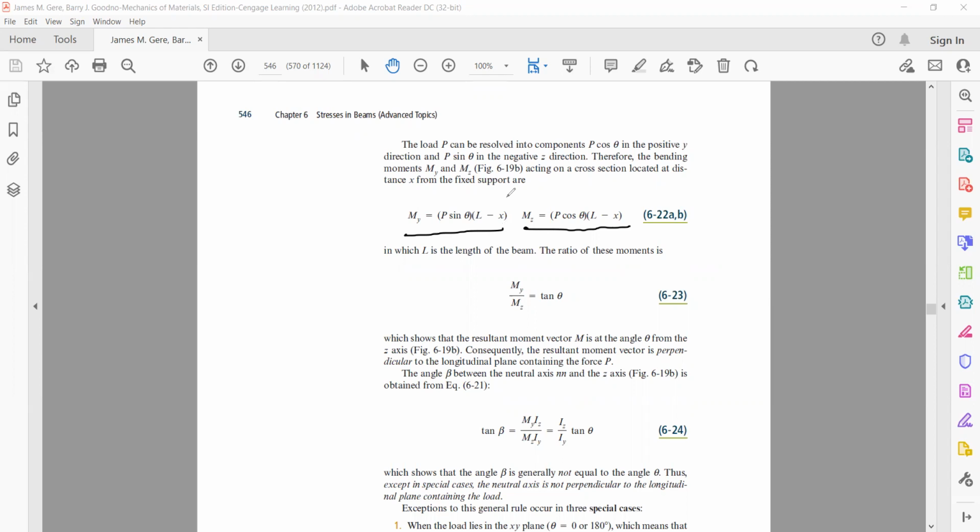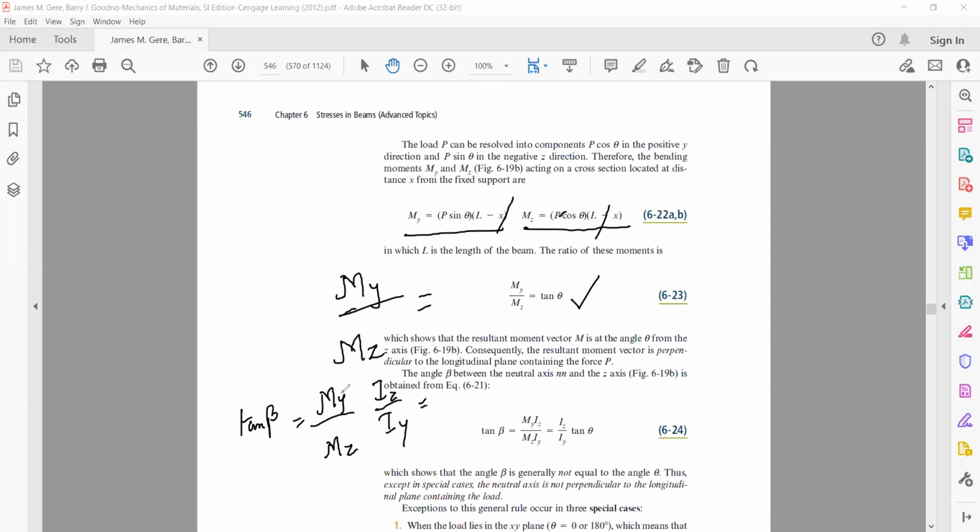Then divide My by Mz. What is My by Mz? Divide these two formulas: L minus x will cancel, P and P will cancel, sine theta by cos theta will be tan theta. But we have just derived that tan beta is equal to My by Mz into Iz by Iy.